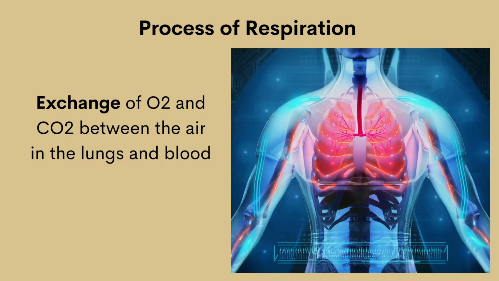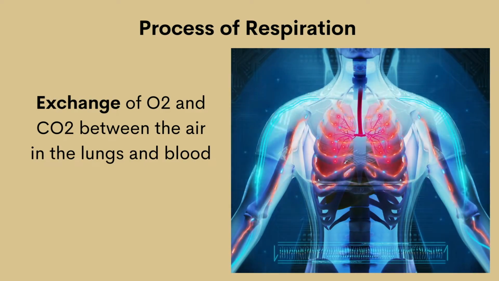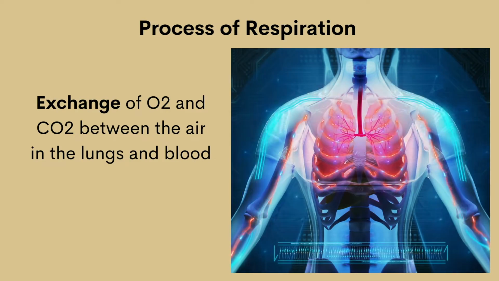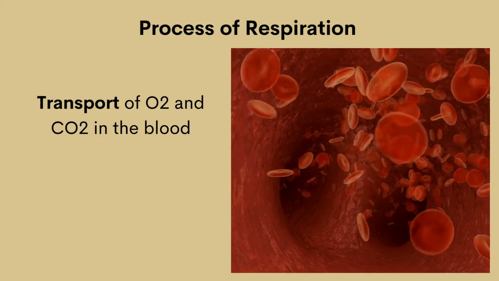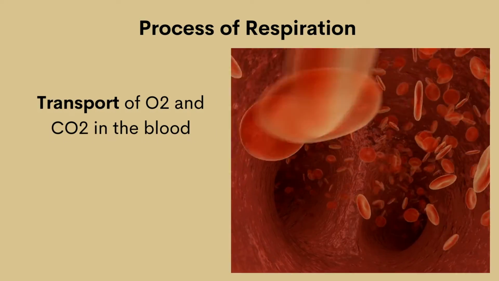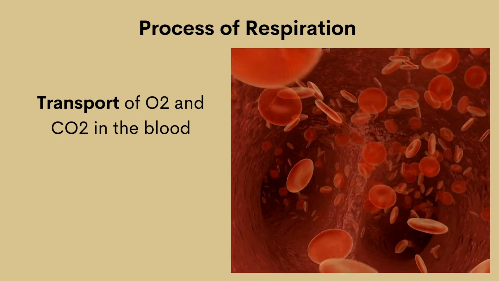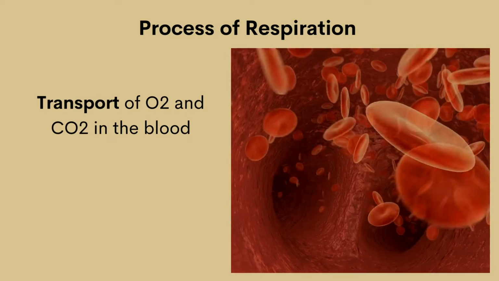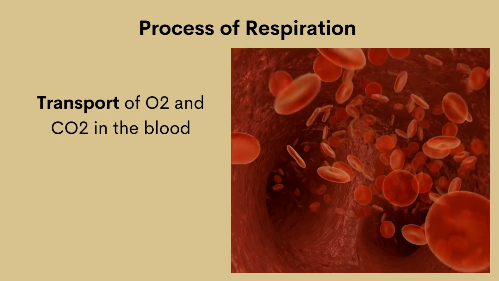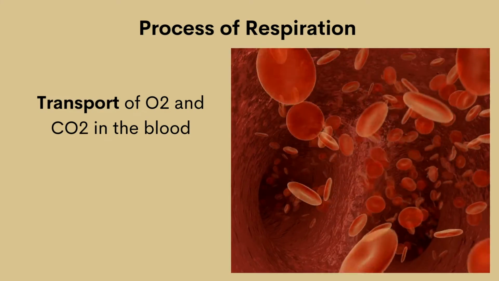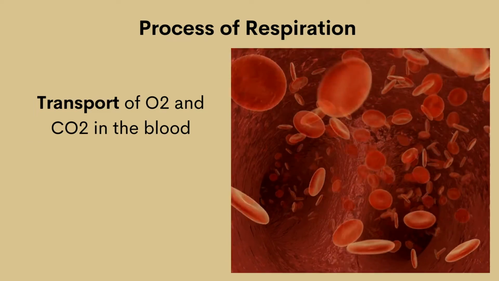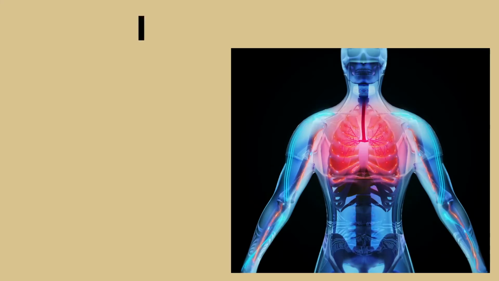during the gas exchange, oxygen moves from the lungs to the bloodstream, and at the same time, carbon dioxide passes from the blood to the lungs. And the third process is the transport of oxygen and carbon dioxide in the blood. Here, the inhaled oxygen moves from the alveoli to the blood in capillaries, and carbon dioxide moves from the blood in capillaries to the air in alveoli.